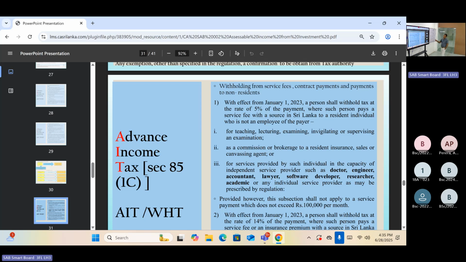It says a person making a service fee payment to a resident individual. Remember, service fee payment to a resident individual. So what type of service fee payment?